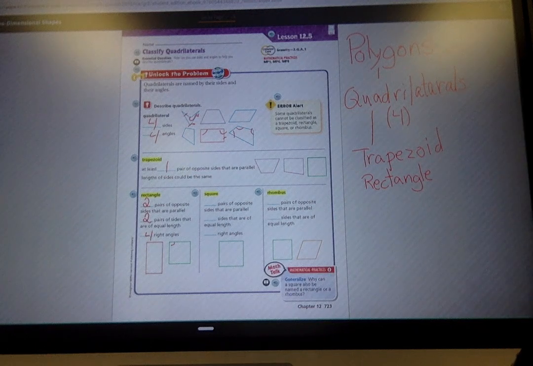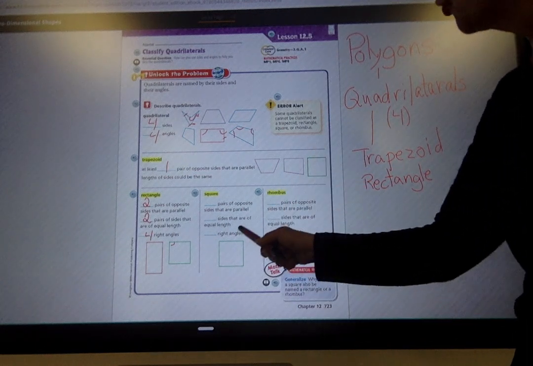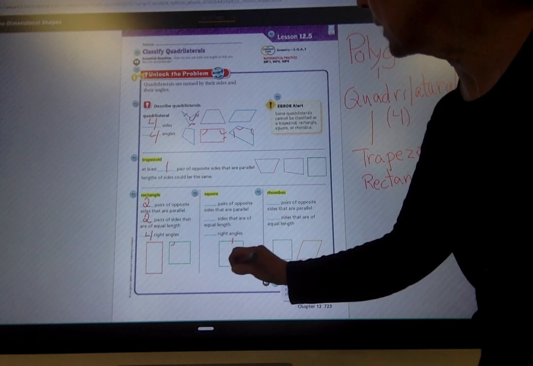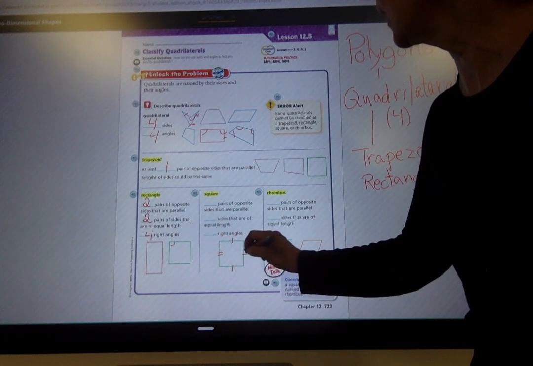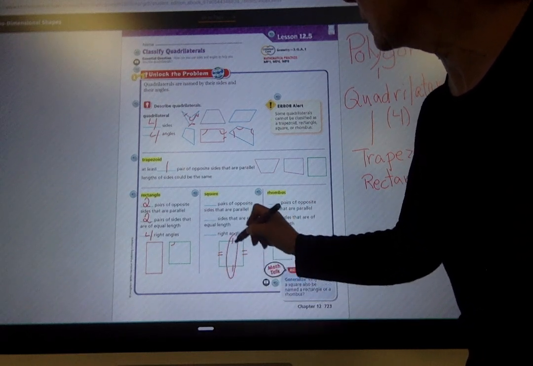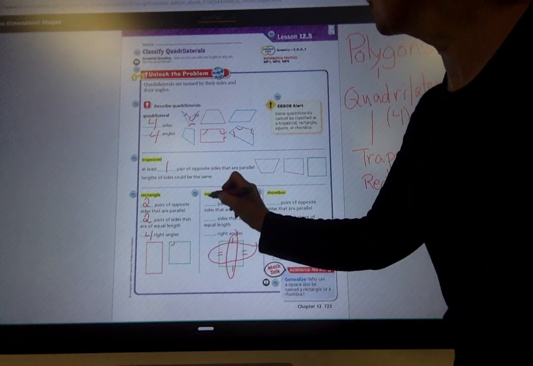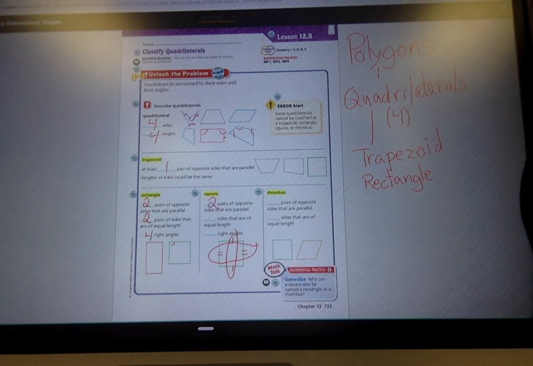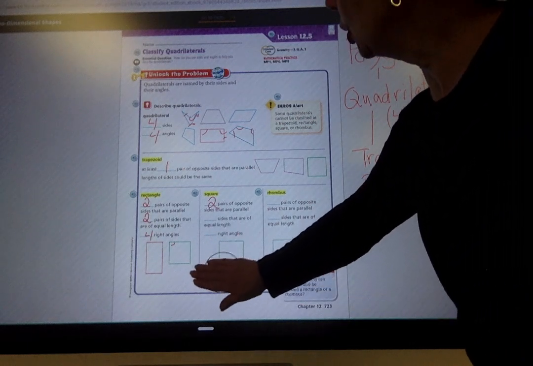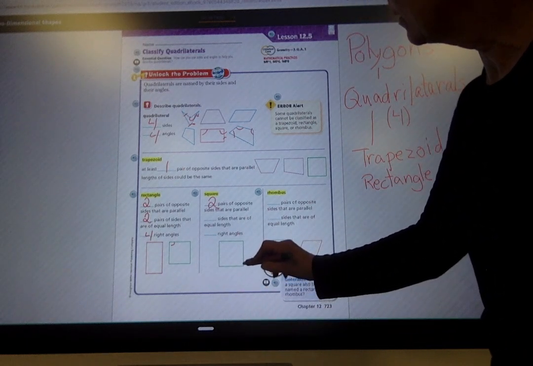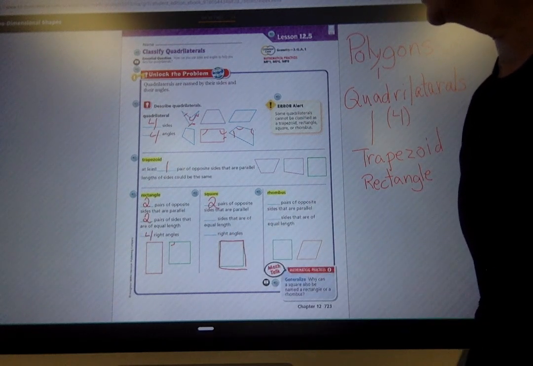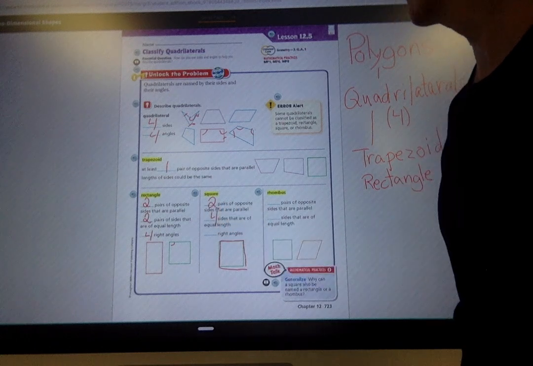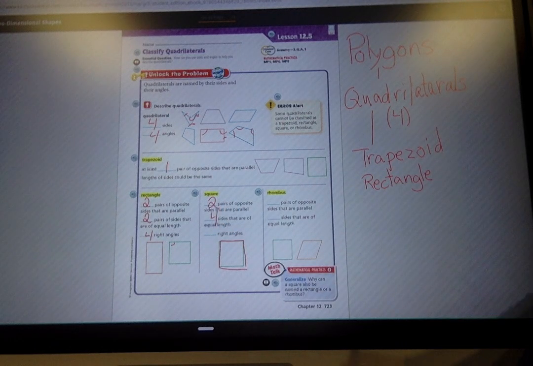Let's find out why. Here we have 2 pairs. This is parallel to this side. This side is parallel to this side. So here's a pair of sides. Here's a pair of sides. So we have 2 pairs of opposite sides that are parallel. When we look at the length of each side, we can see that they are equal. 4 sides that are of equal length.